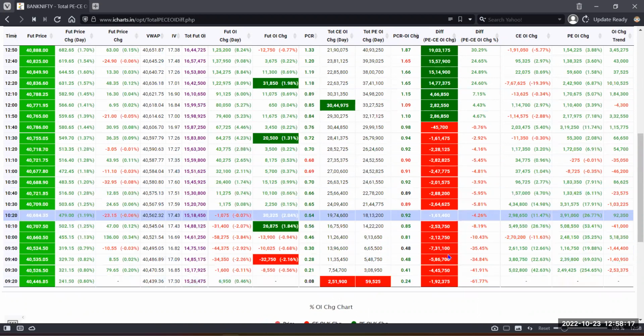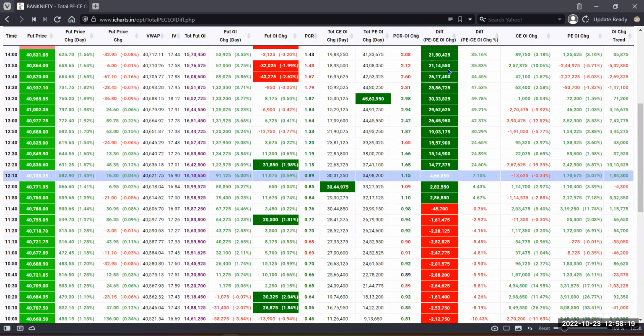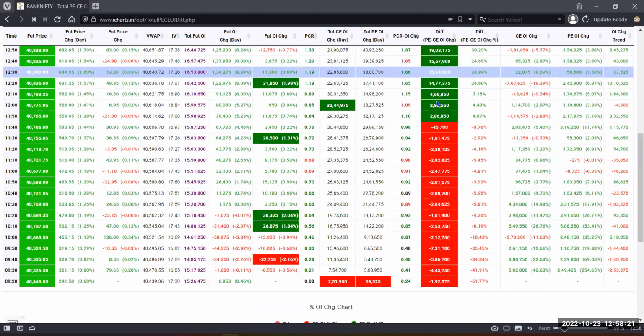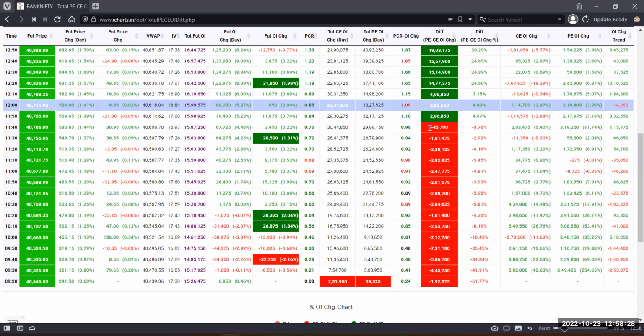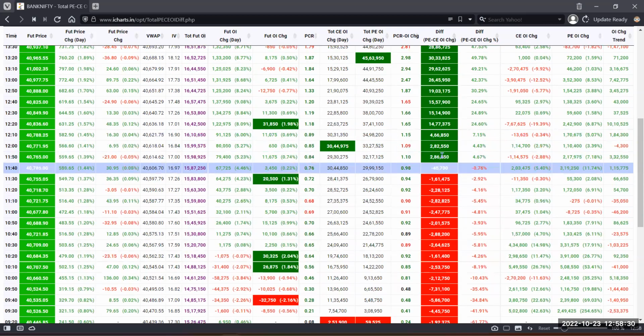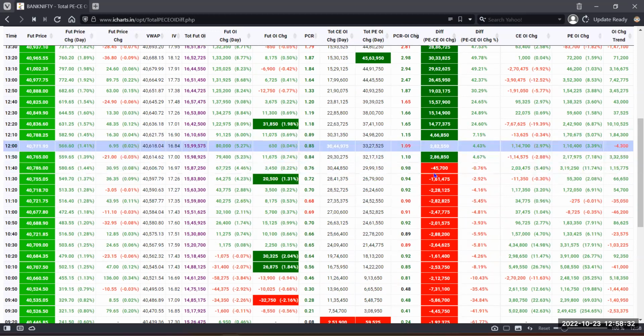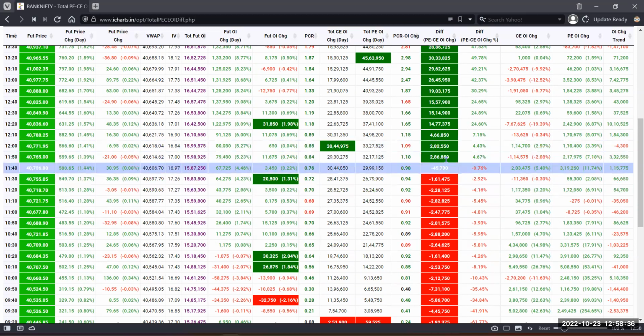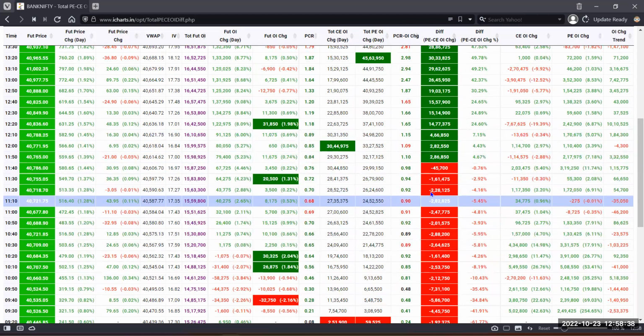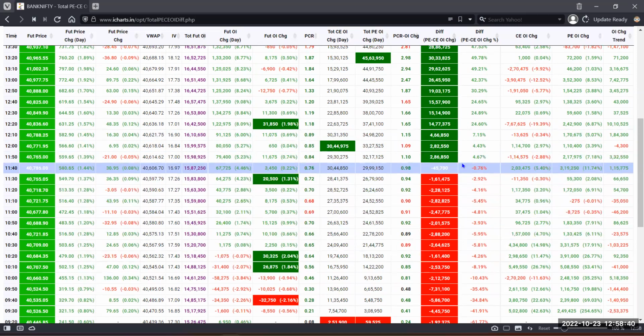We'll discuss that in a moment. So the key column is the diff of put and call OI changes for the day. Once this changes, it generally gives a clear indication that the market trend has changed. But this can be slightly delayed at times, so you need to look at a few other things also that we'll discuss in a moment.